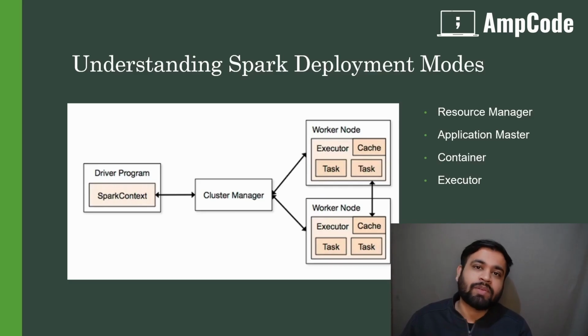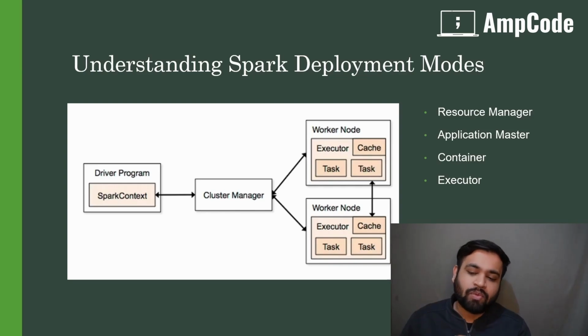It can also support Mesos as well as Kubernetes, which is really popular nowadays. The main job of the cluster manager is managing all the resources and the tasks, and also checking the health of all the worker nodes in the cluster. As you can see, the cluster manager is communicating with the worker nodes as well as the driver program.